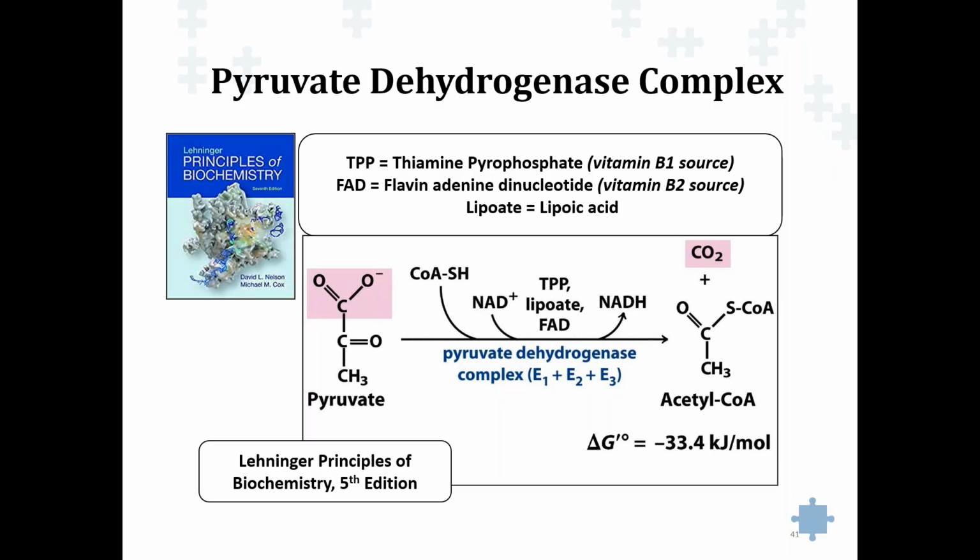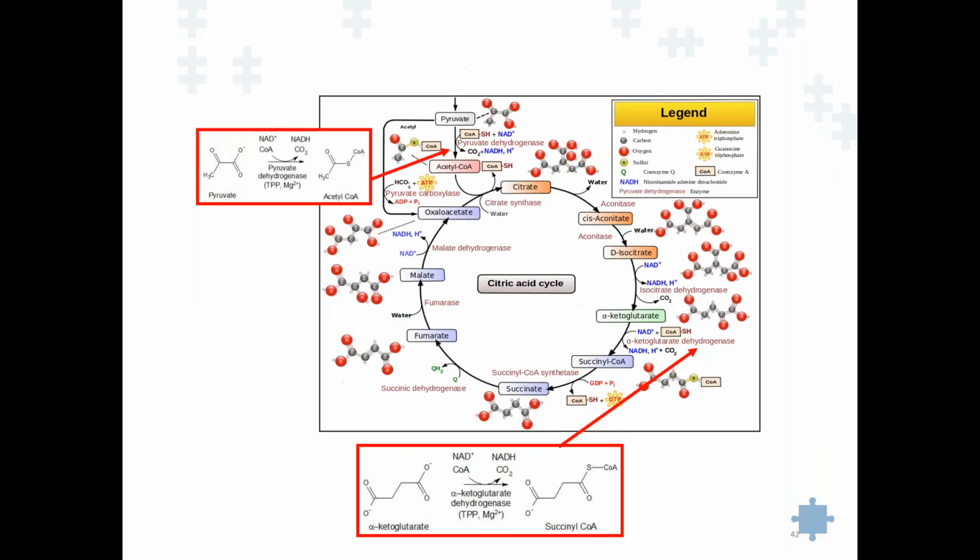So here's our pyruvate dehydrogenase complex again. Pyruvate gets converted to acetyl coenzyme A through the actions of these various B vitamins. What's interesting is that pyruvate dehydrogenase, which is dependent on those B vitamins, has relationships to other dehydrogenase complex enzymes within the mitochondria.